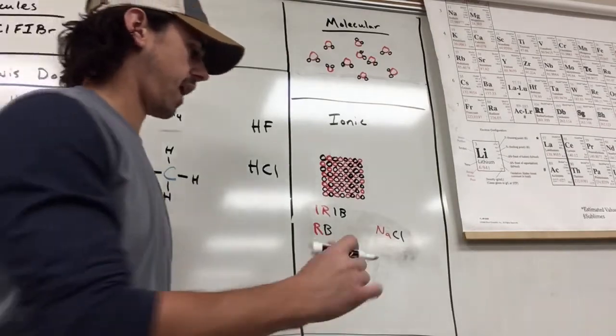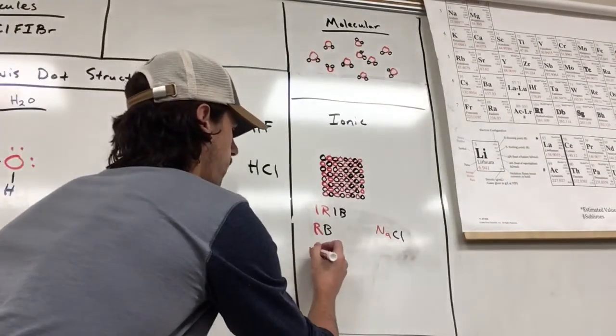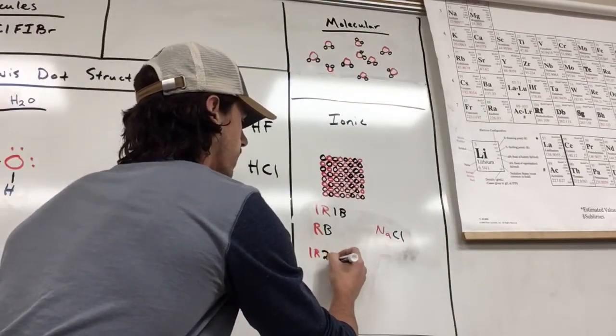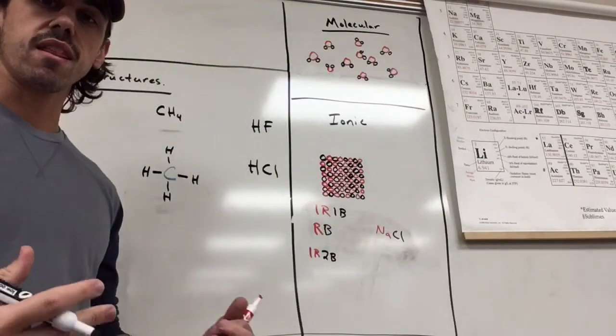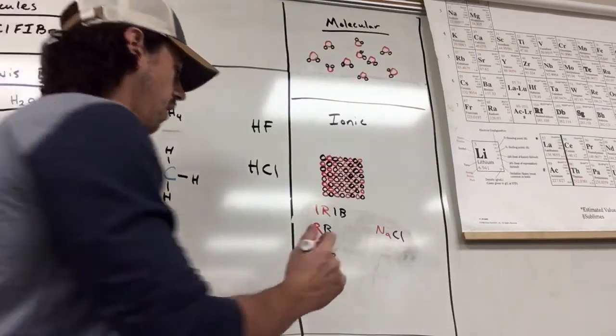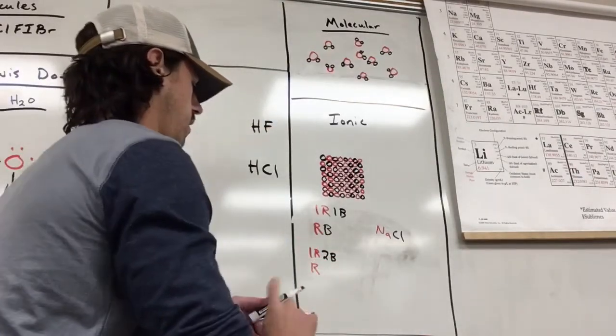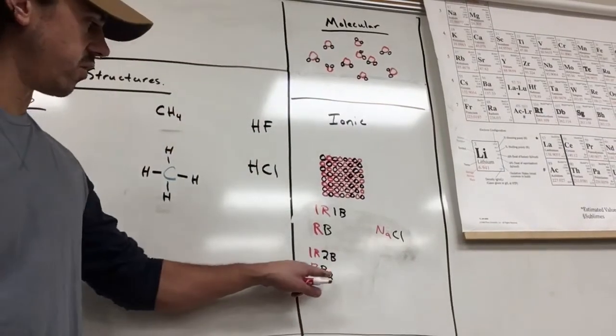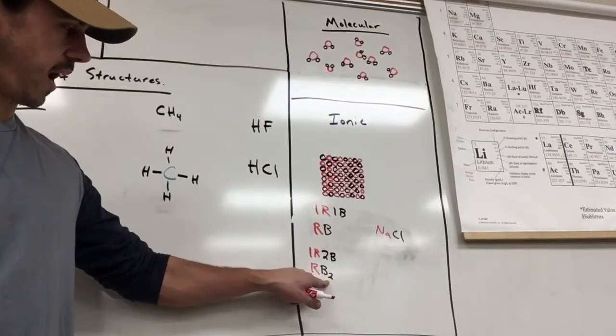And now if for every 1 red circle, I had twice as many black circles, the way I would write this as a formula unit is RB2. And that 2 just represents that there are 2 black for every 1 red.